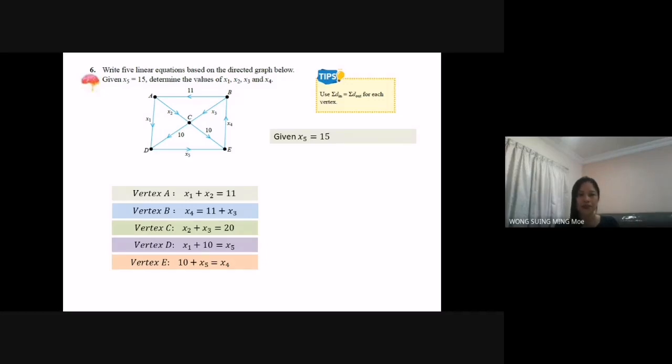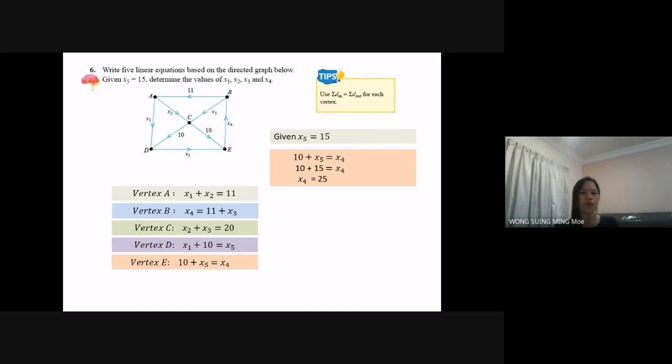Vertex E. So I will substitute S5 equal to 15 into this equation. 10 plus S5 equal to S4. 10 plus 15 equal to S4. So S4 will equal 25.